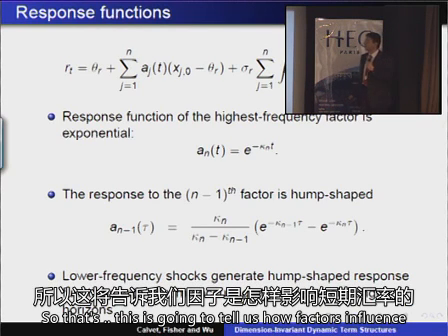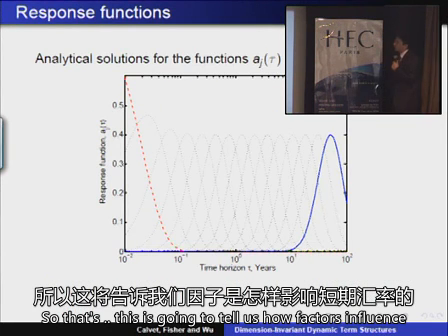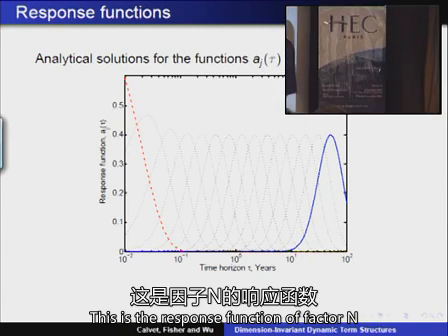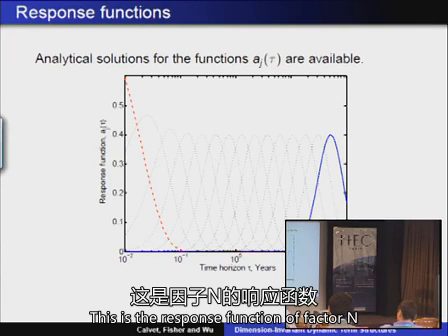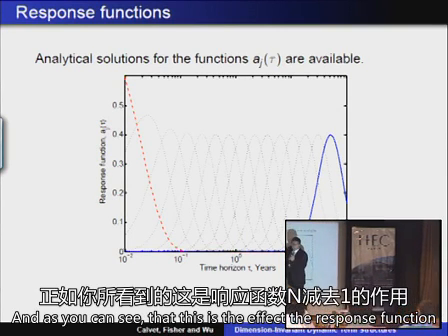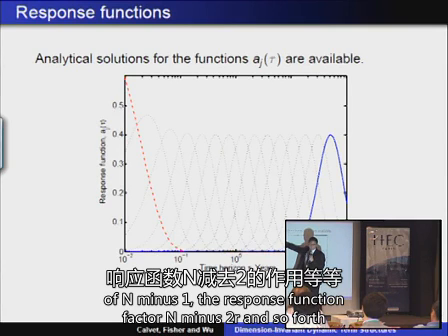So this tells us how factors influence the short rate, and here we illustrate the response functions. This is the response function of factor n. It goes down quickly; it's the most transitory factor. And then you can see the response function of factor n minus 1, the response function of factor n minus 2, and so forth.